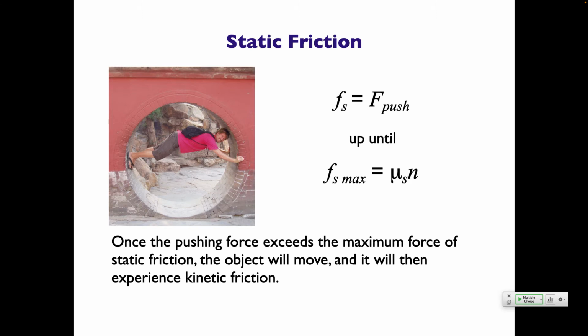Once you exceed the maximum static friction, then what happens? It starts to move, and then you switch to what kind of friction? Kinetic friction, okay? And so because of this, the coefficient of static friction should always be greater than the coefficient of kinetic friction for two of the same materials, okay?